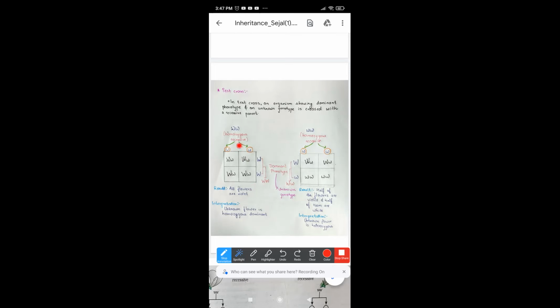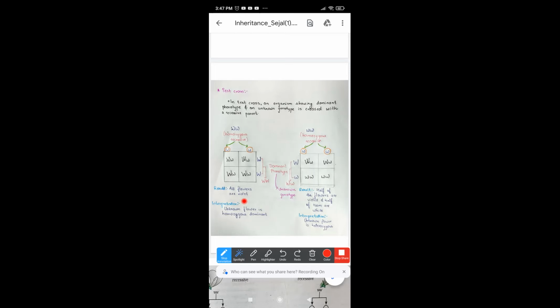In this case, we get all the flowers violet, that is, they are heterozygous. And in the other case, two of them are heterozygous and two of them are homozygous recessive, that is, white. So here, what result do we get?